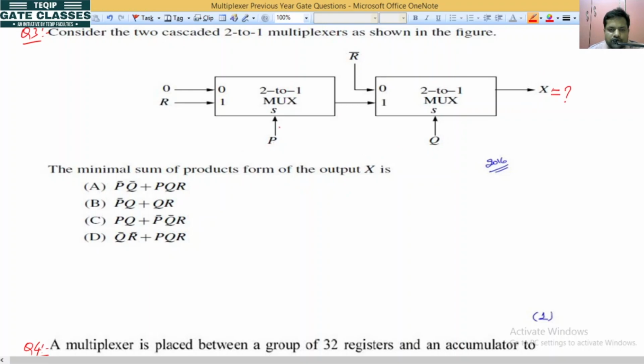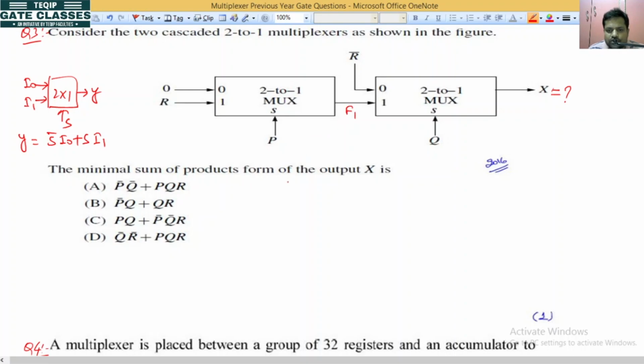When we have a 2 cross 1 mux, suppose I have a 2 cross 1 mux. This is our selection line, I0, I1, and this is our y. So y will be s bar I0 plus s I1. Apply this to get the value. Suppose this is our f1.